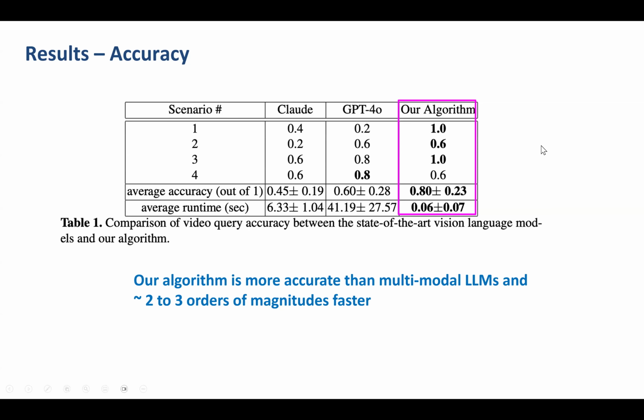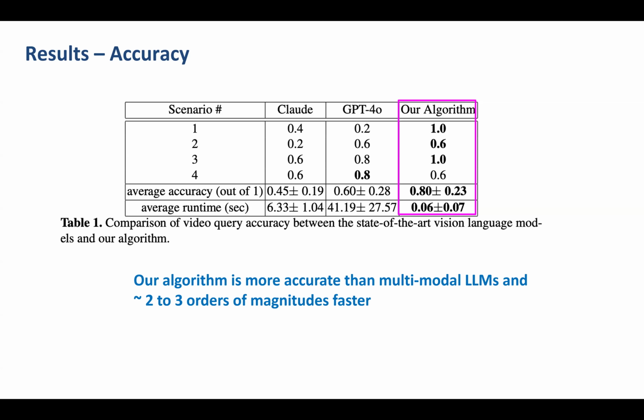So what we're seeing is that our algorithm is indeed performing better than the state-of-the-art video large language models. And also in terms of the query time, it's 2 to 3 orders of magnitude faster.